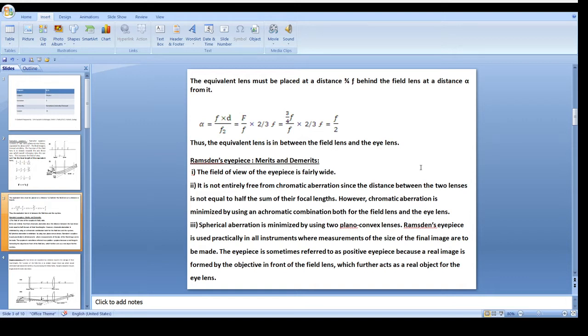However, chromatic aberration is minimized by using an achromatic combination for both the field lens and the eye lens. Spherical aberration is minimized by using two plano-convex lenses. Ramsden's eyepiece is used practically in all instruments where measurements of the size of the final image are to be made.